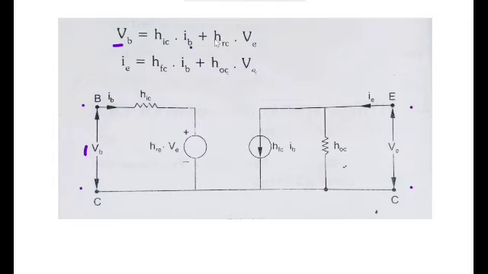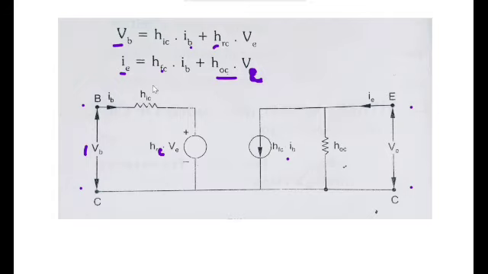This is the reverse voltage gain, HRC. In the second equation, IE is equal to HFC into IB plus HOC into VE.